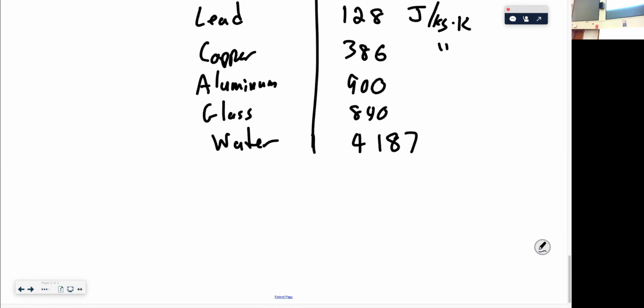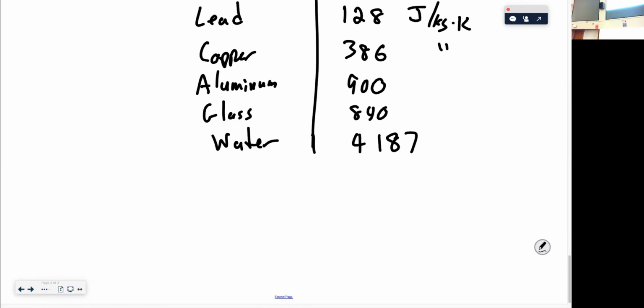Oh, I see. It would be the bonds between molecules themselves that would be weird. Okay, fair enough. I'm glad you guys know more chemistry than I do. It is weird though. You wouldn't necessarily think naively that water should be so much higher than these metals at preserving heat.